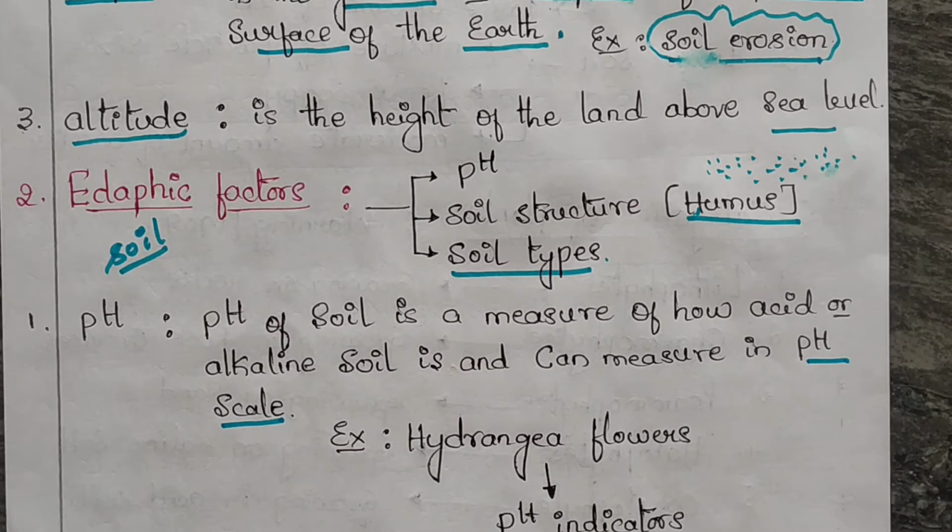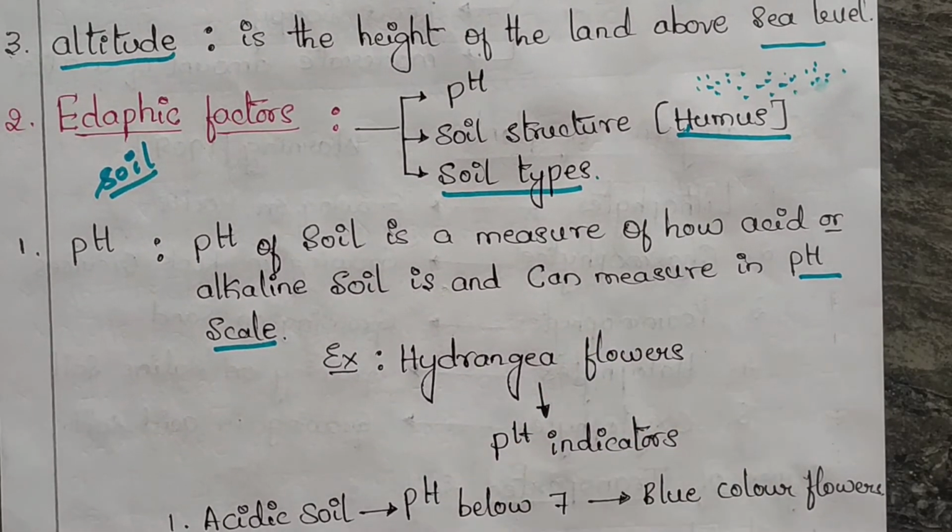Here the soil pH is very important because in soil we can find so many microorganisms, and obviously the plants get their nutrition from soil only. So the good growth of the microorganisms and the good growth of the plant depend upon the soil fertility and also soil pH. So it makes a big impact on the good growth of animals and plants.